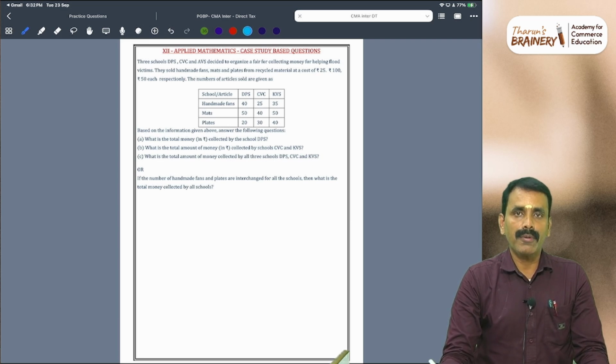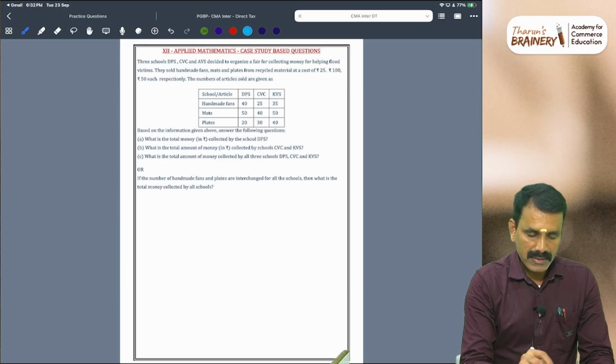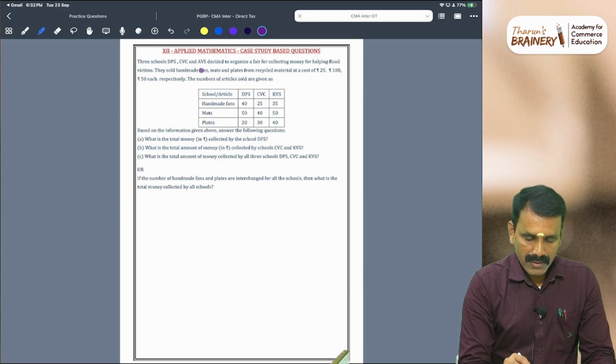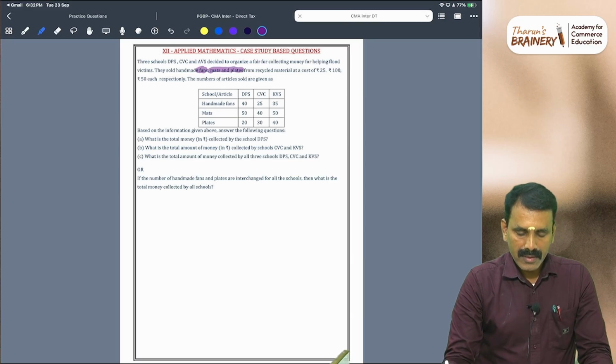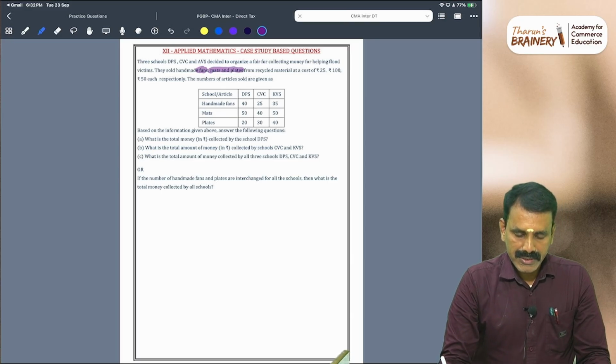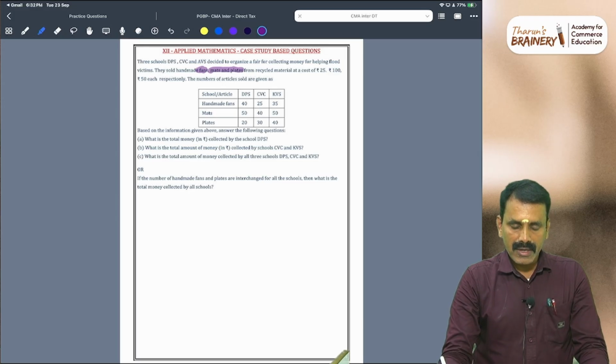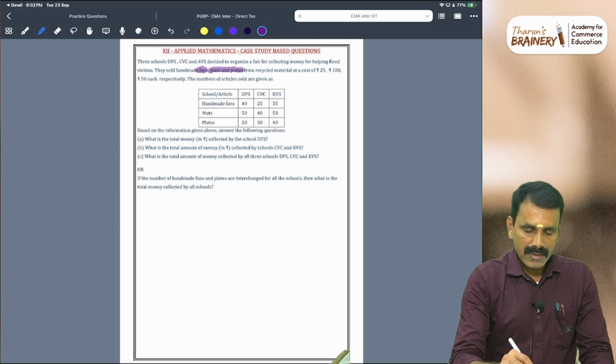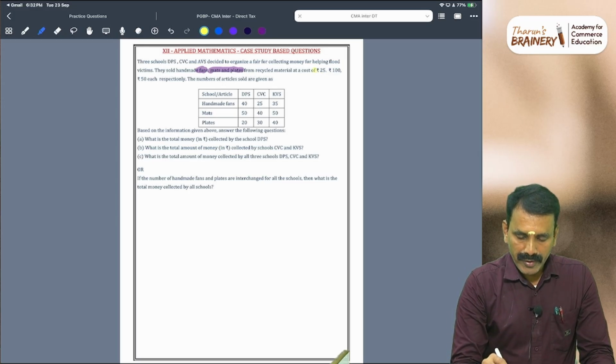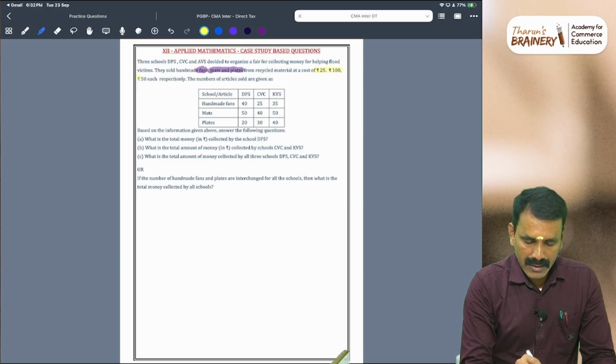So they are selling 3 products, handmade fan, mats and plates from recycled material at a cost of rupees 25, rupees 100 and rupees 50.